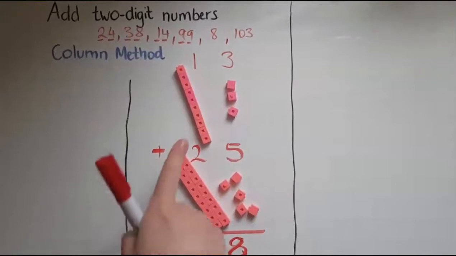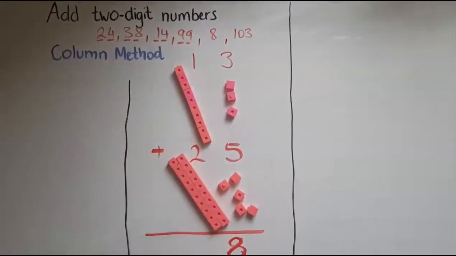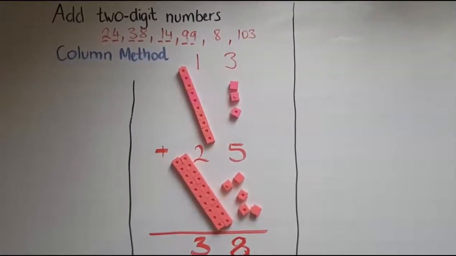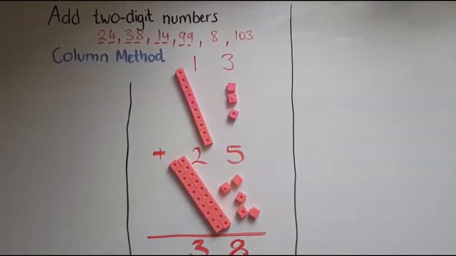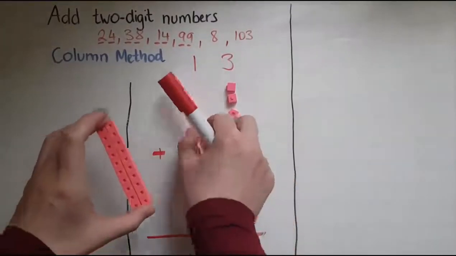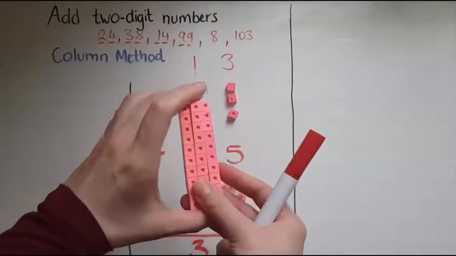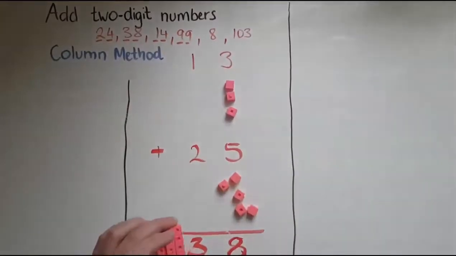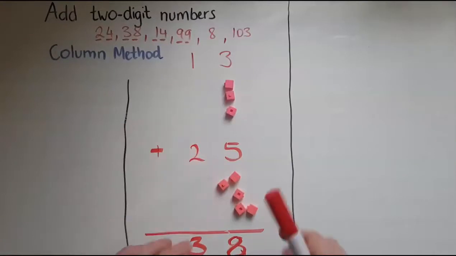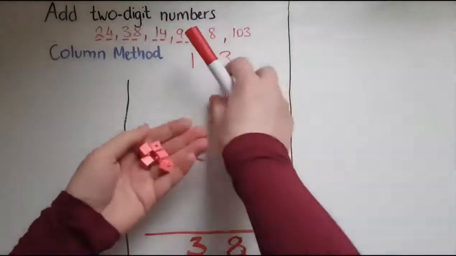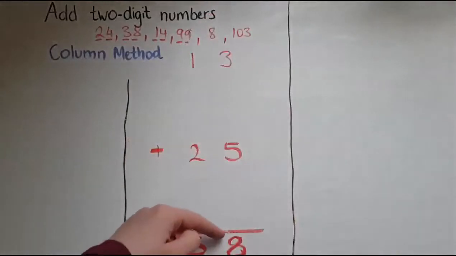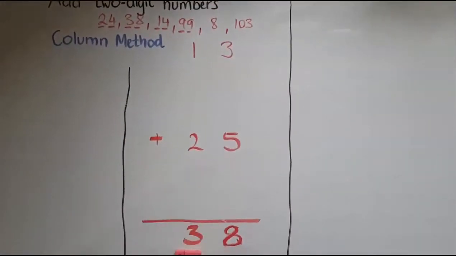And when it comes to the tens, I've got a block and another 2, so that's 3 blocks of 10. So the answer is 38. So all together, this is 38, which is represented by the 3 blocks of 10, and these 8 represent the 8 here, the units.